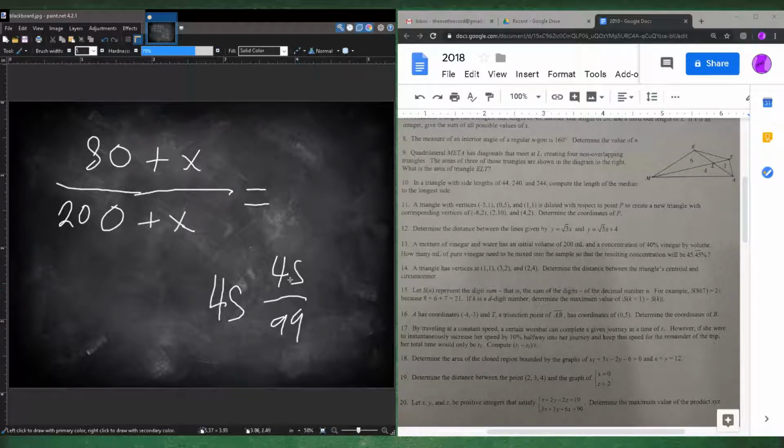You could simplify that by dividing 9 from the top and bottom. So that is 5 over 11. Okay. So 45 and 5 over 11. We could get this into an improper fraction. So 45 times 11 plus 5. That's 500. So that's 500 over 11. Okay.